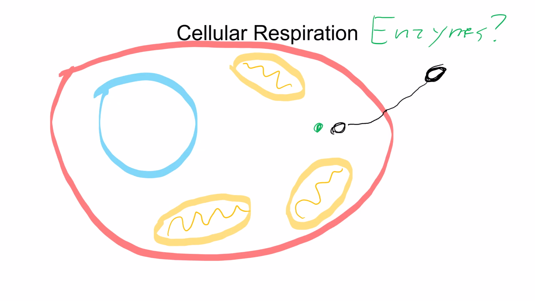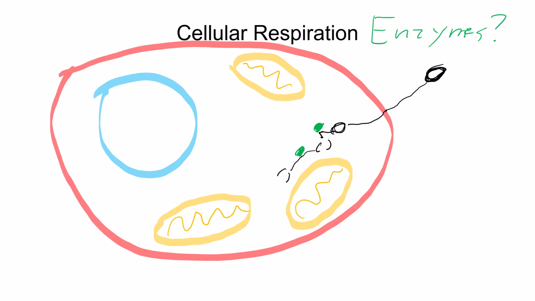Enzymes help chemical reactions happen in the cell. So there are lots and lots of different enzymes. And they will take that sugar molecule and break it into smaller and smaller pieces. Little collections of atoms.